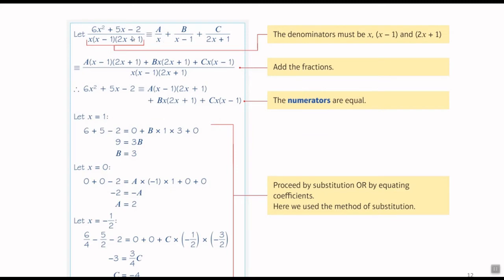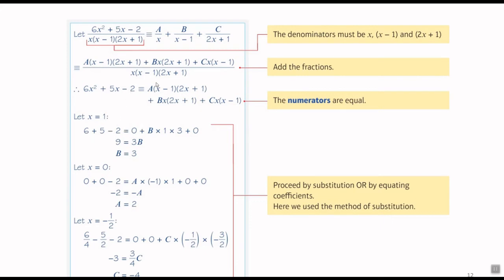So look at this, same thing. You are going to substitute x equal 1 here. If you substitute x equal 1, what is the value here? x, 1 minus 1 is 0. Here 1 minus 1 is 0. You can find b. You substitute x equal 1 here. 1 squared is 1, 6 into 1 is 6, 5 multiplied by 1 is 5, minus 2.